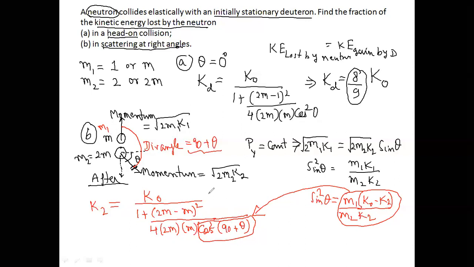When you simplify this expression, you find that k2 is 2 by 3 times k0. That means 2/3 of the kinetic energy is now with the deuteron, and so 2/3 of the energy must be lost by the neutron also.